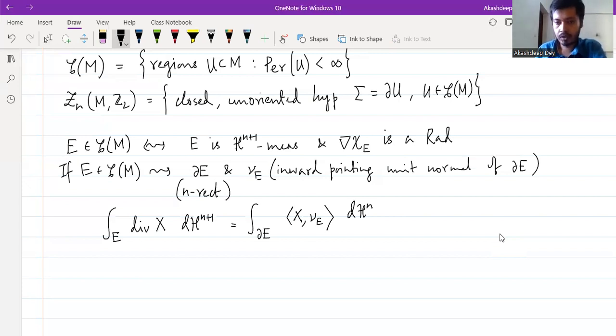So this holds for all vector fields X on M. And we can see that if E is an open set with C1 boundary, this is Stokes theorem. And we can think of the Caccioppoli sets, that is regions with finite perimeter, as some kind of generalization of open sets with C1 boundary.